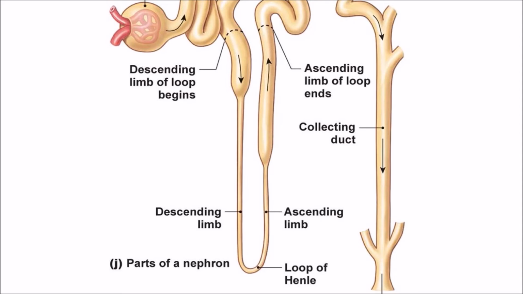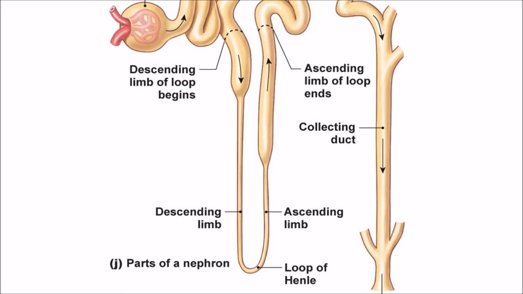It uses a lot of energy, and what this does is it makes the medulla really salty, or hypertonic. The descending limb is permeable to water and only water. And water, again by osmosis, will move out, because the surroundings are hypertonic, the water will move out of the descending limb, and that water will get reabsorbed by blood capillaries, which are not shown.